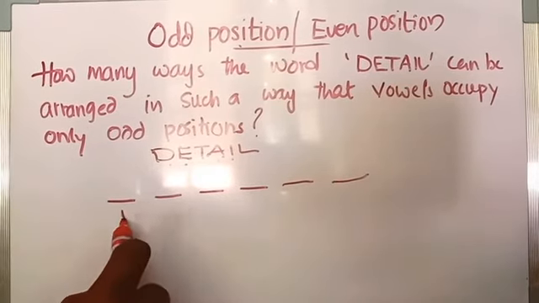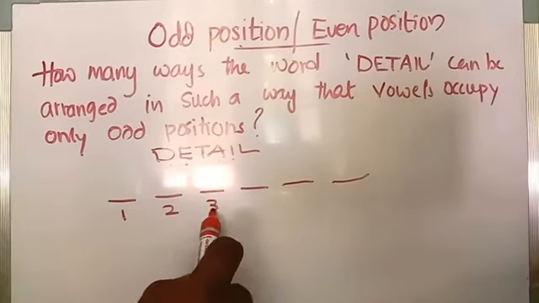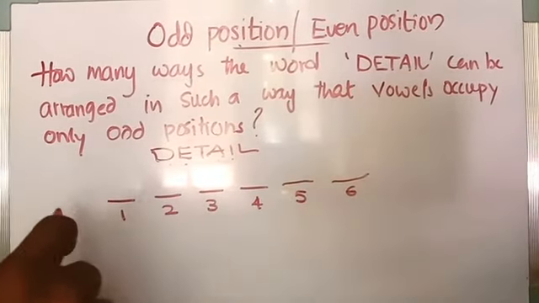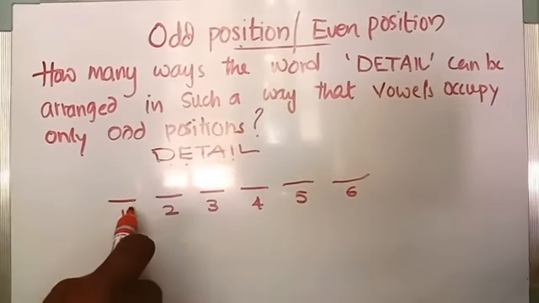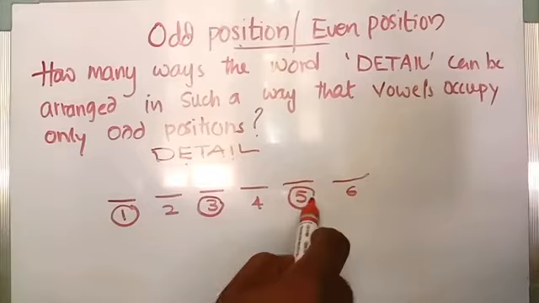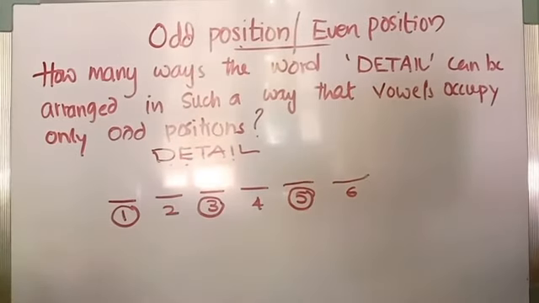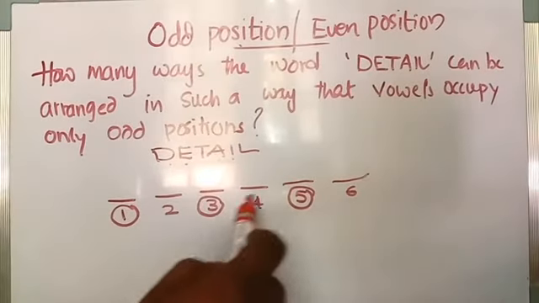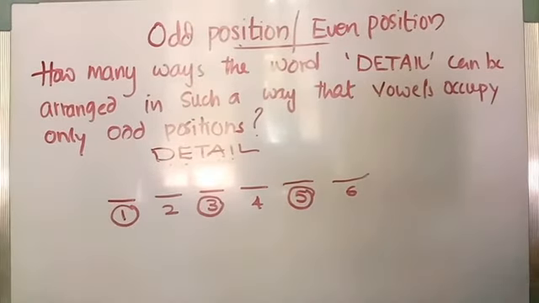If you name it as 1 2 3 4 5 6, you can understand these are the odd places. So you can find there are 3 odd places, right? So the vowels can occupy these 3 places. That is what is meant by this question.